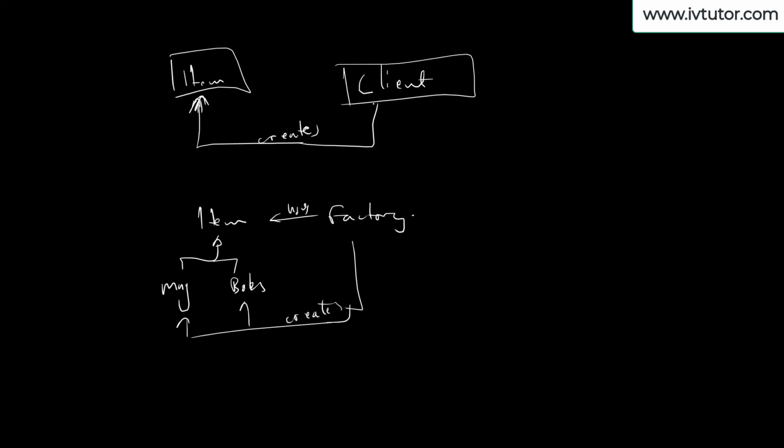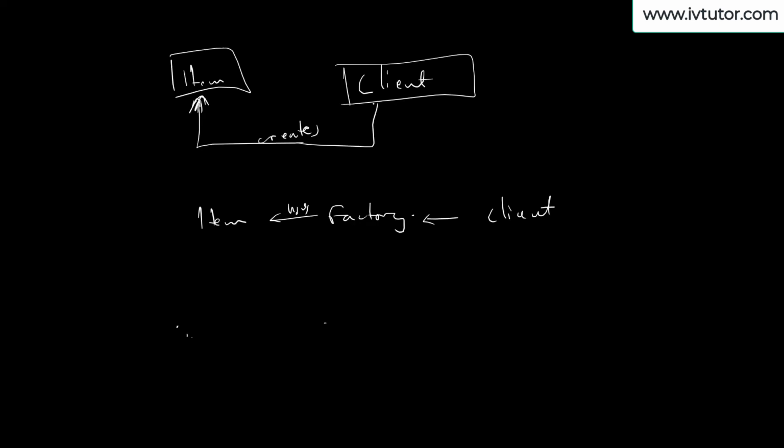Creates. And then your client is the one that uses your factory. That's it. Assuming that we don't introduce inheritance, let's say it was just being done with the item class only, then your factory is the one that is responsible for creating your item. And then your client uses your factory, right?